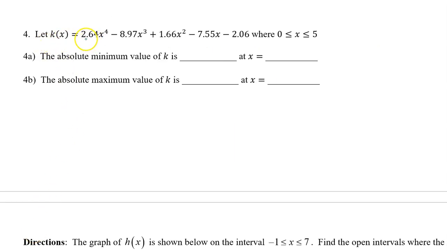Number 4, go ahead and type function k into the calculator as y1 and set your x min to 0 and your x max to 5. By the way, even degree. When you have an even degree polynomial, the end behavior will be the same on both sides. So this type of deal.